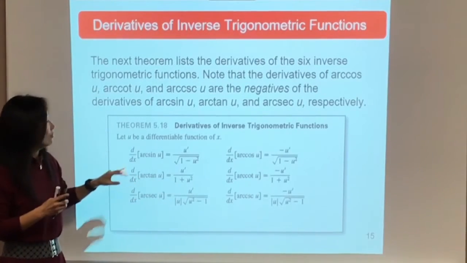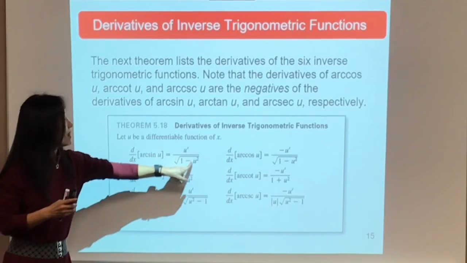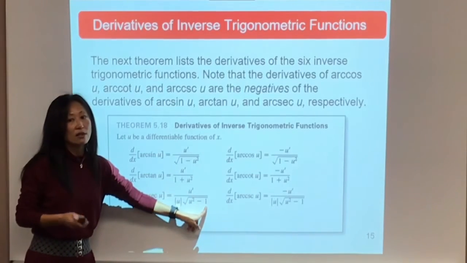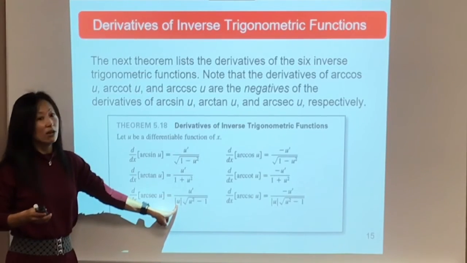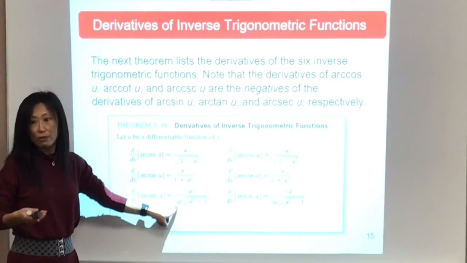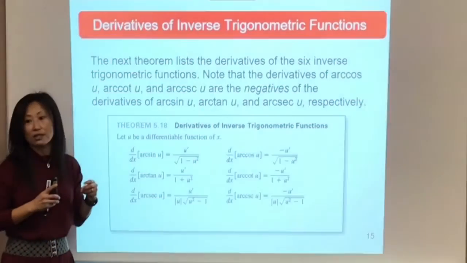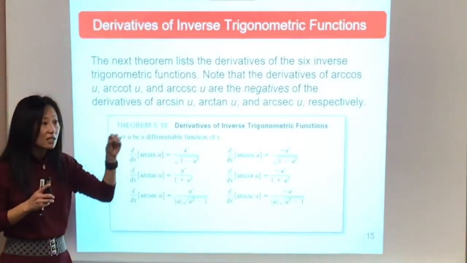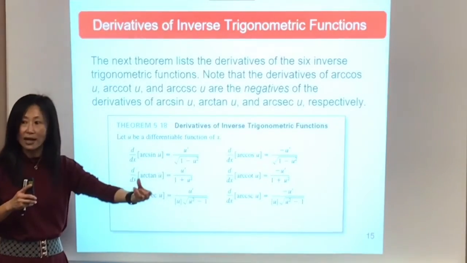So you will not be confused with arcsine because the format is different. Arcsine is 1 minus u squared. Arcsecant is u squared minus 1. Not just that, what do you also have? Absolute value of u in the front. That's why you will not be confused, because they're distinctively different. When you see this format, you know how to apply it.